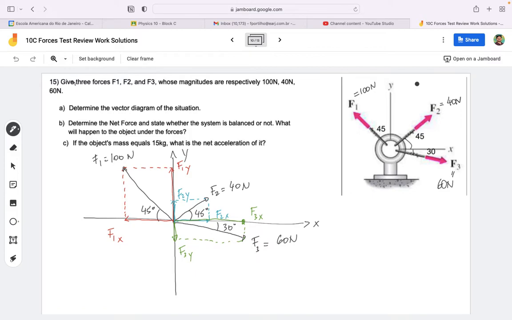Okay, so I'm just gonna copy and paste this vector diagram that we have just designed to the next page, just a second.